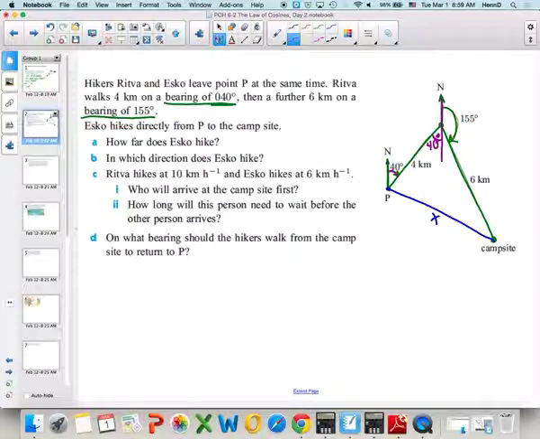From north to south would be 180 degrees. Since that's 155, this right here has to be 180 minus 155. So now we know that this whole angle is 65 degrees. Easy enough.